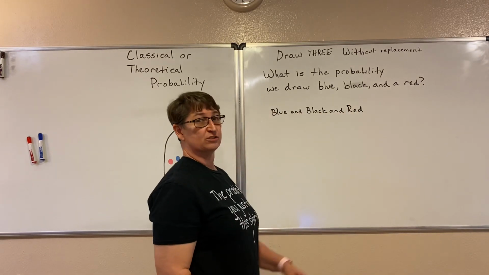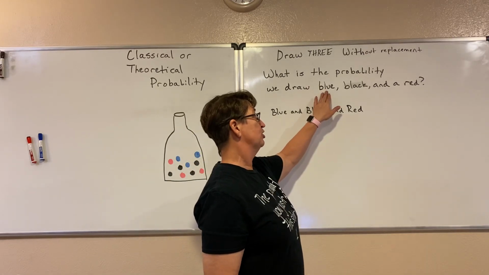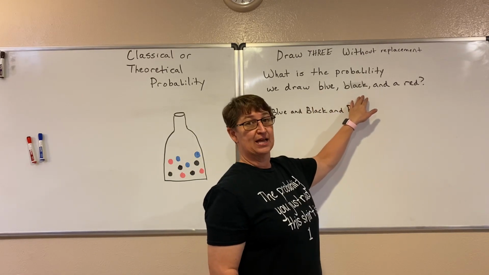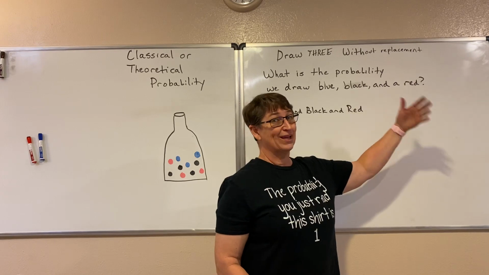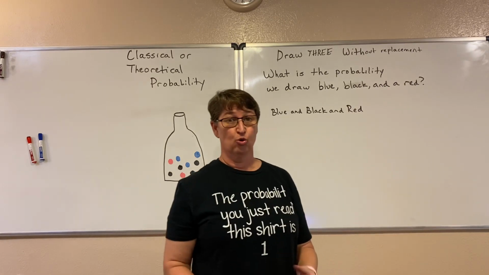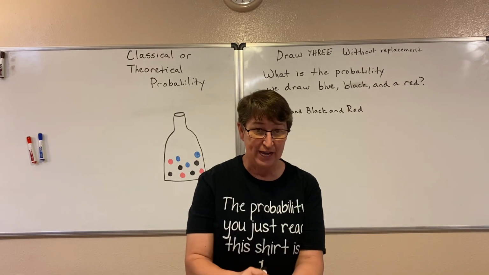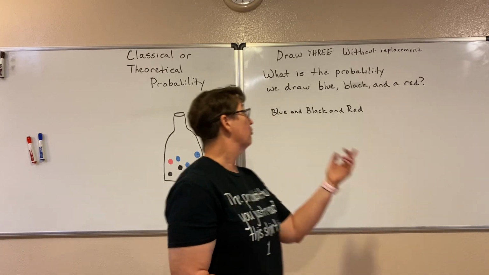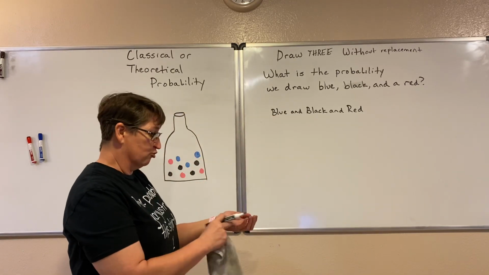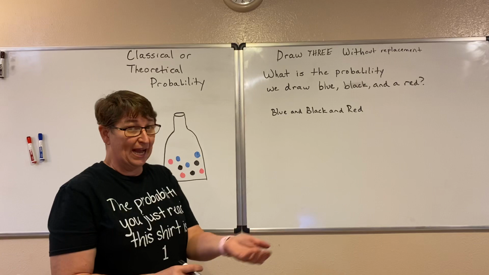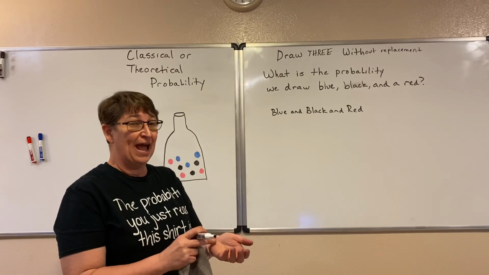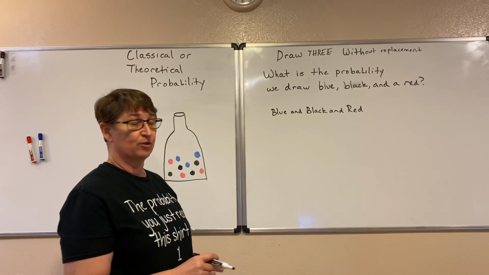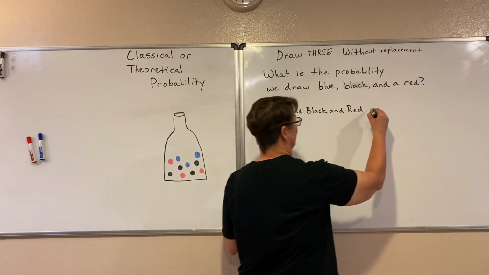But this question does not tell me that I'm supposed to do a blue and then a black and then a red. So it can be done in any particular order. I can pull out 3 balls without replacement and have those 3 balls, a blue, a black, and a red. And I wouldn't have to get them in that order. So I could do it this way.